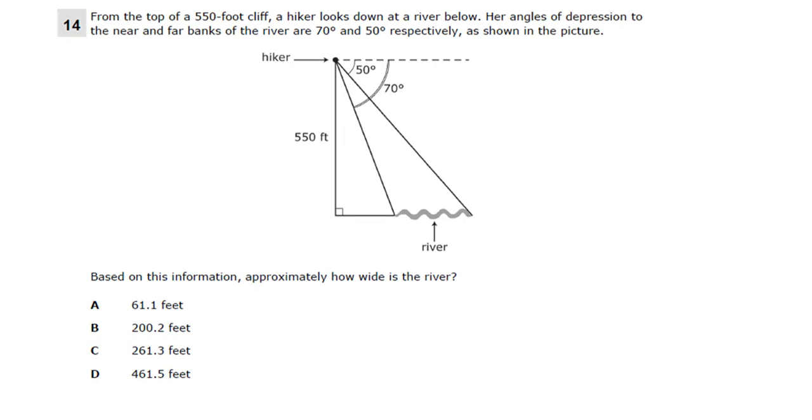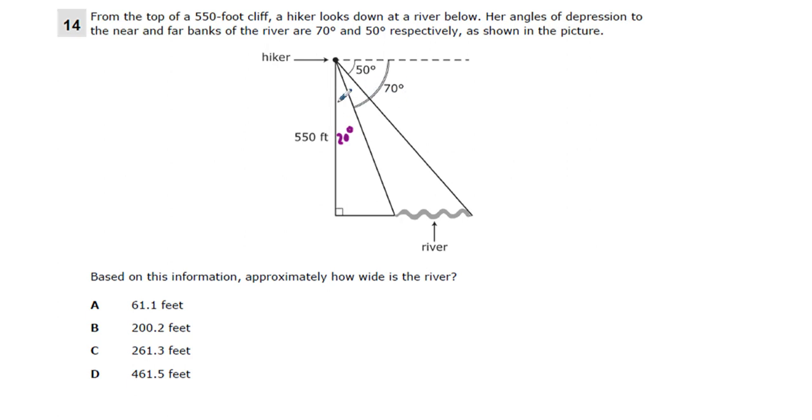From the top of a 500-foot cliff, a hiker looks down a river below. Her angles of depression to the near and far banks of the river are 75 and 50 degrees respectively, as shown in the picture. Based on this information, approximately how wide is the river? Well, we should know that this little piece here is going to be 20 degrees, because it's 90 minus 70.